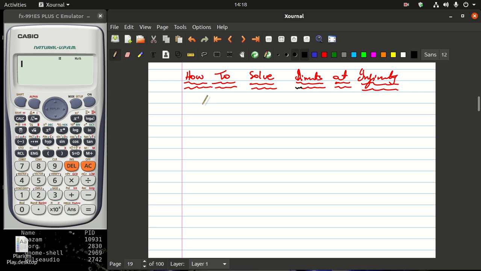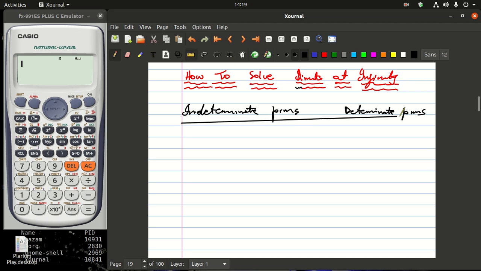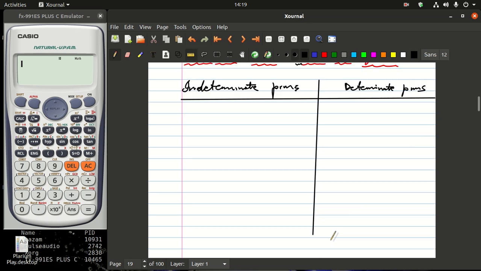Now, to actually solve these limits, we first need to understand two things: indeterminate forms versus determinate forms. I'm going to just try and place a line here and go all the way down, and then we can actually talk about these indeterminate forms.